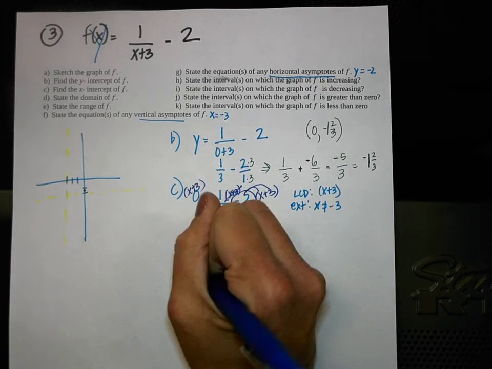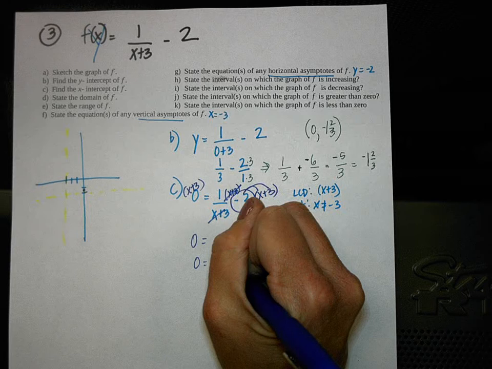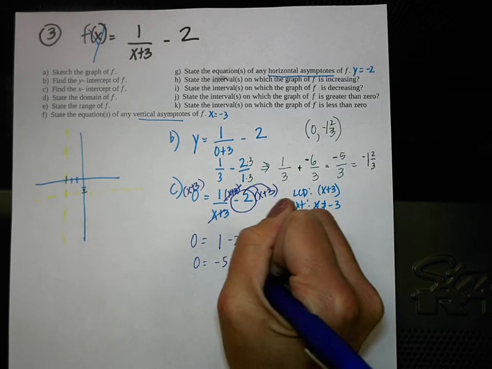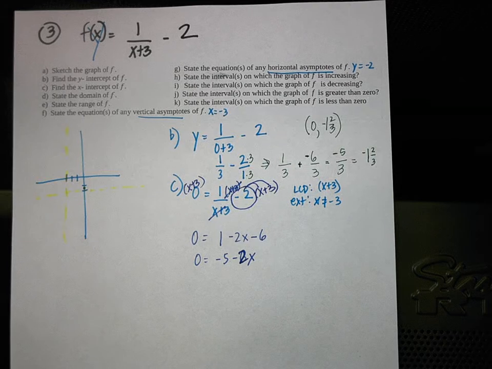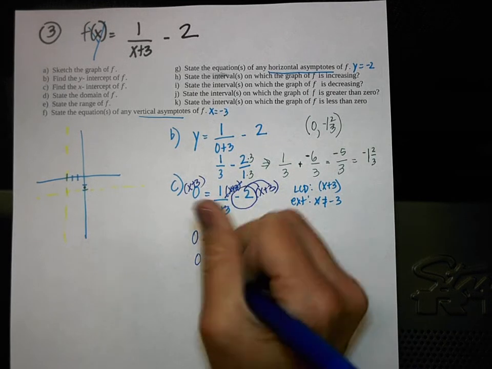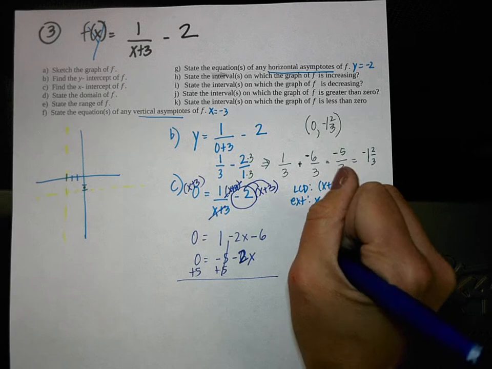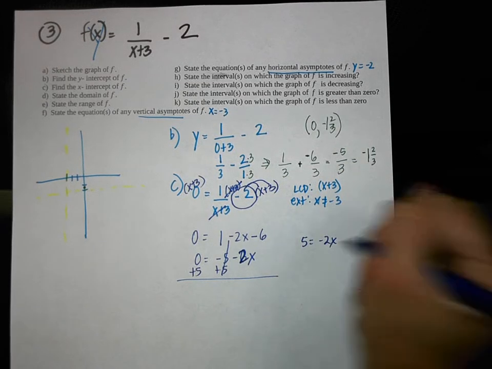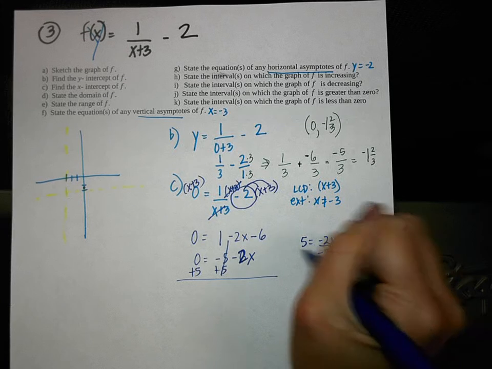And so I'm going to have 0 equals, and 1 and negative 6 makes negative 5, minus 2x. And then next I would add 5, do the opposite. And so we have 5 equals negative 2x. And then last I would divide by negative 2.